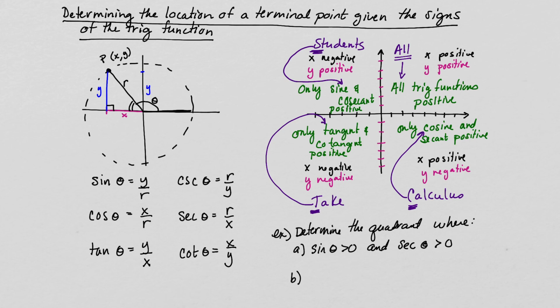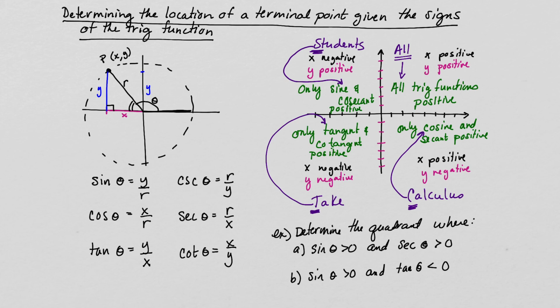And the second one is where the sine of theta is greater than 0 and the tangent of theta is less than 0.